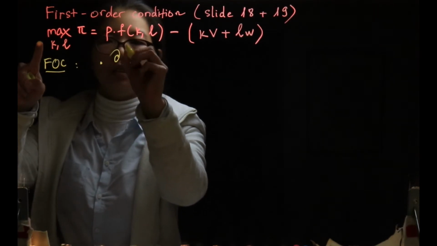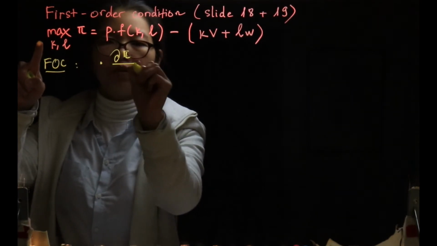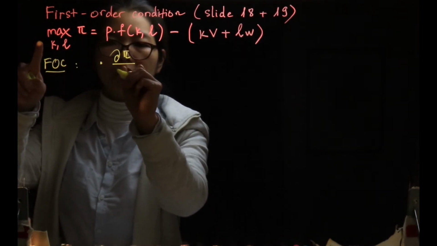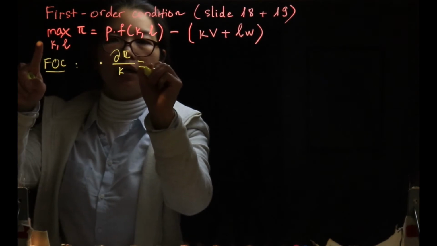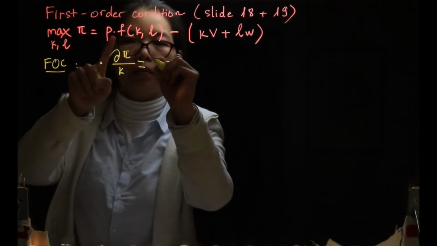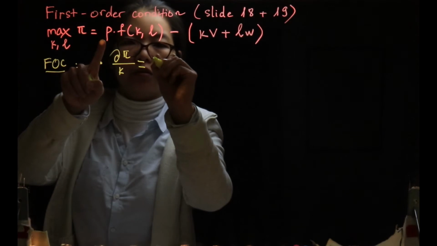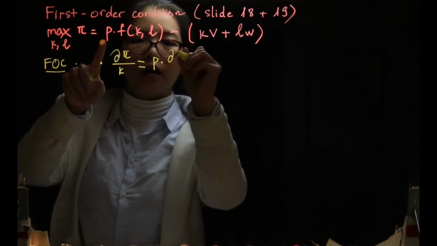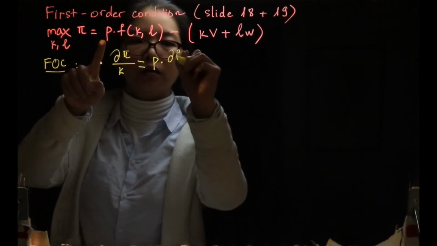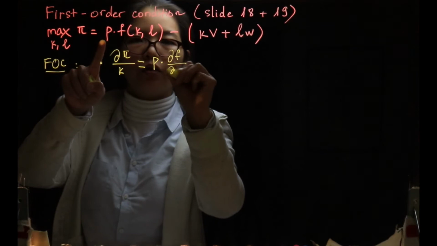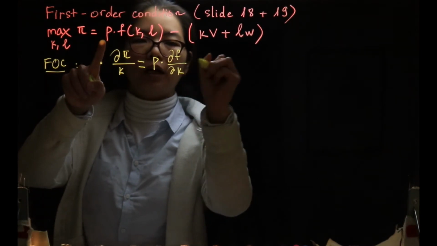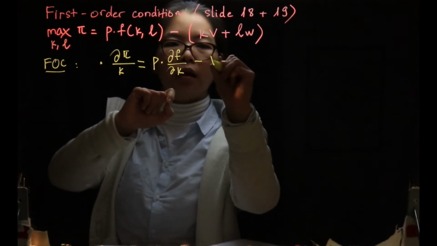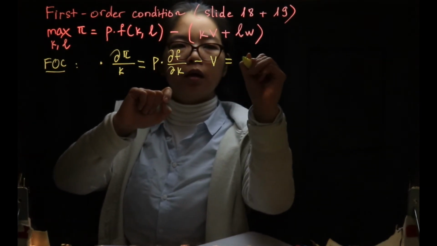The first one is the first order derivative of profit pi with respect to K equals first term, price taker, so P constant, write it the same, times df, the derivative of f with respect to K, minus the second term, that is V, equals 0.